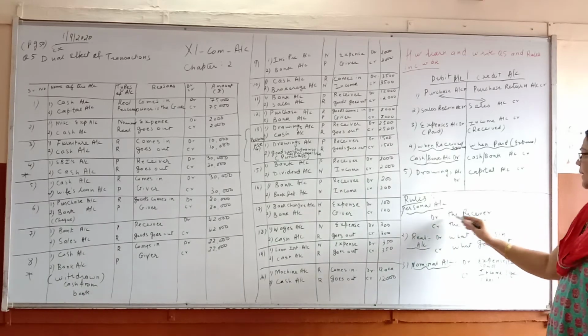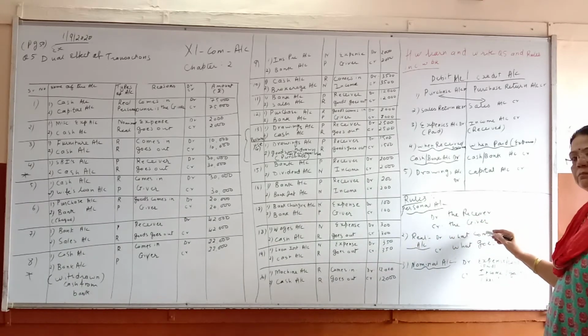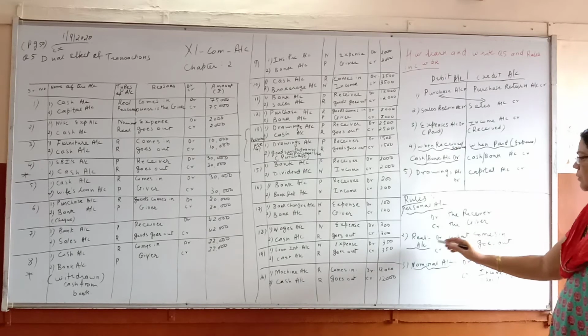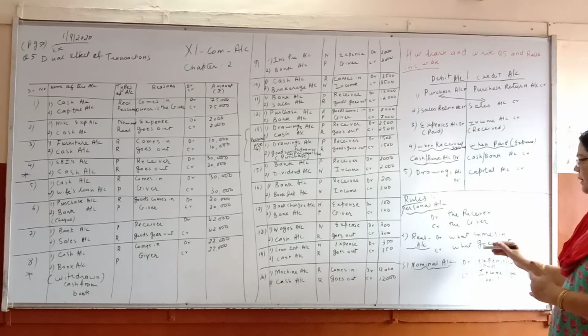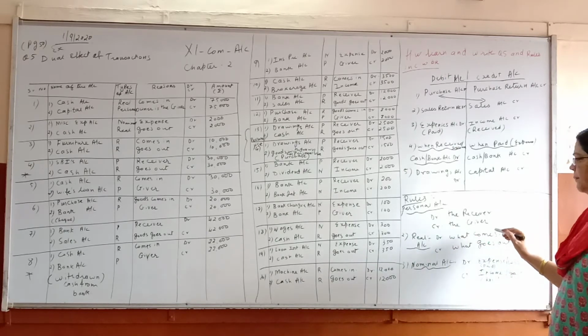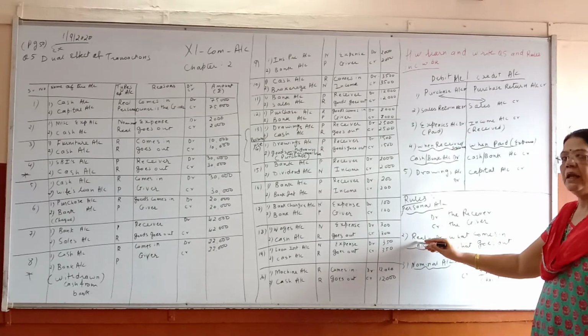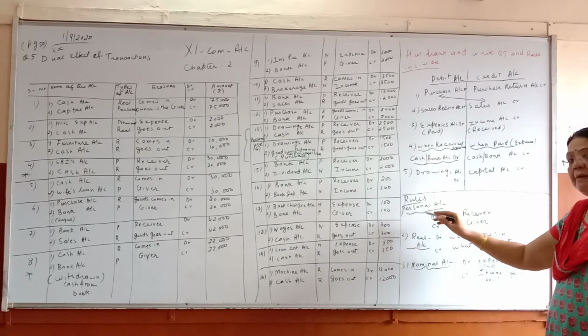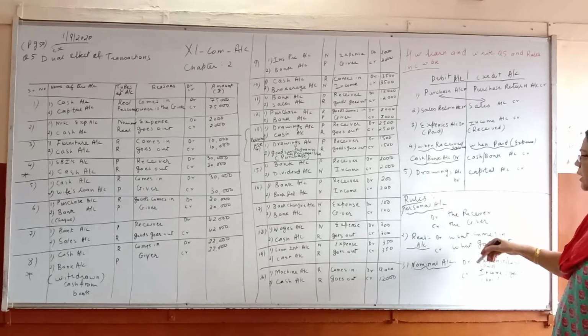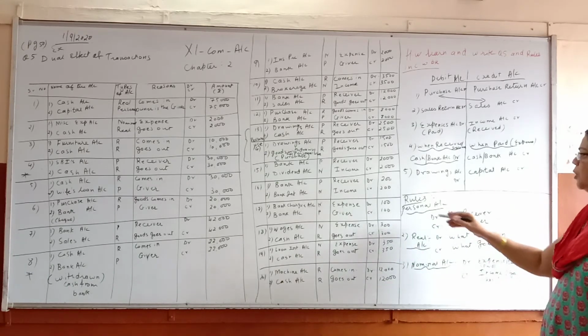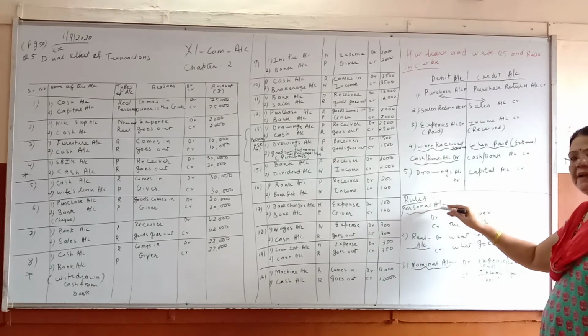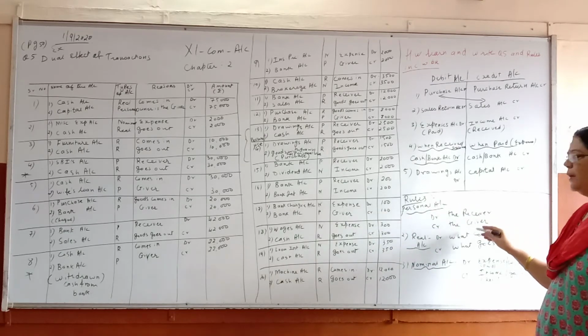So children, in personal account, debit the receiver, credit the giver. In real account, debit what comes in, credit what goes out. But before this, you should know which accounts are in real account, which accounts are in personal account. You cannot learn only this, because if you don't know which accounts are in personal account, then you will not be able to apply the rule.